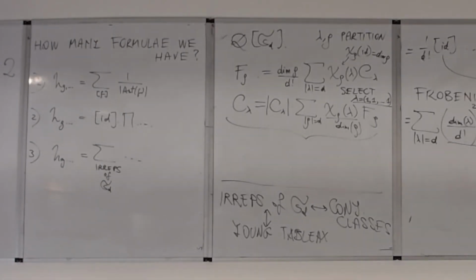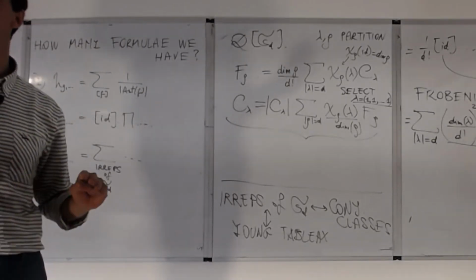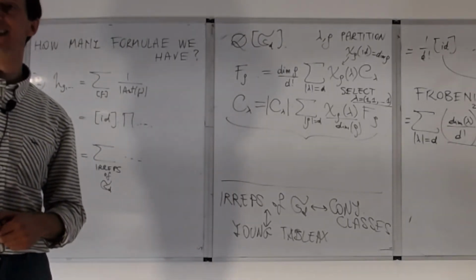With the data coming from the Frobenius manifold? I wouldn't say this direction is direct. No, Frobenius manifold is like a huge world on the side, and this is just some combinatorial thing about representations of the symmetric group. Frobenius did a lot.